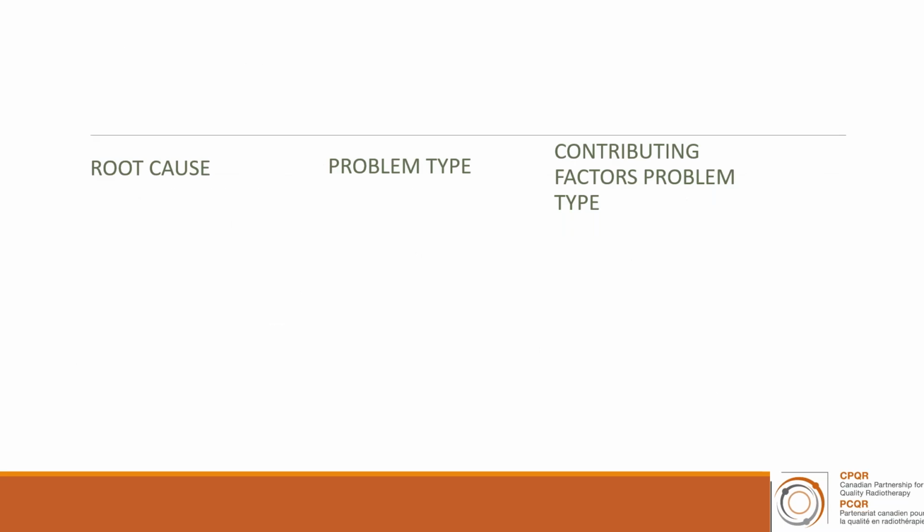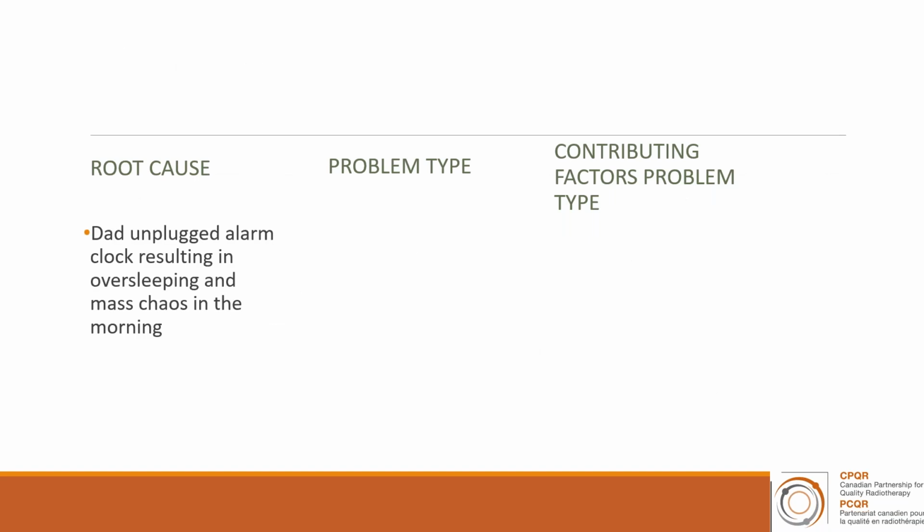If we were to use a method like the 5 whys, and we really drill down through this incident, we're going to find out, eureka, the root cause is that dad unplugged the alarm clock, resulting in oversleeping and mass chaos in the morning. Now, this is very important to understand.